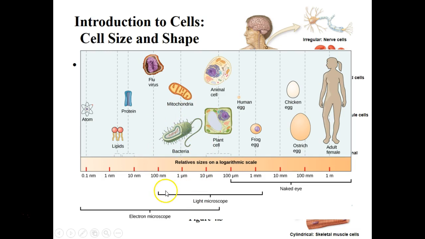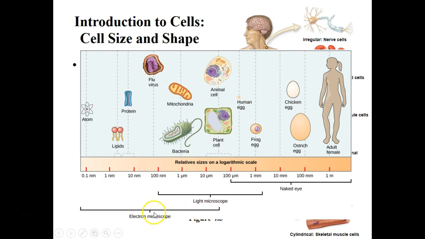Even smaller than these are structures like the virus, which is a non-living bag of nucleic acid, basically. It has a protein coat around it, and it's got DNA or RNA inside. Proteins, fats, carbohydrates are all going to be smaller than even the virus, and then the atom is the smallest.